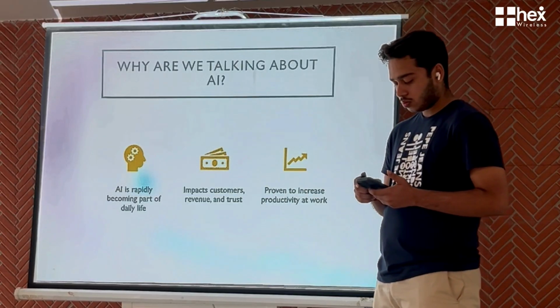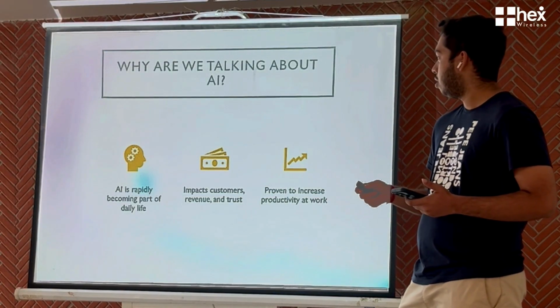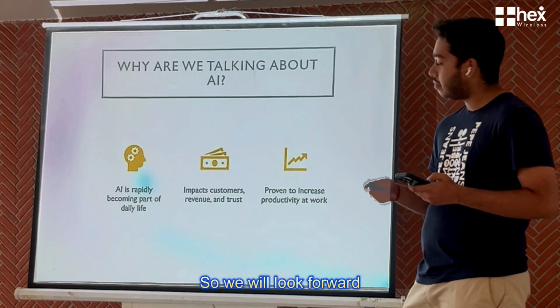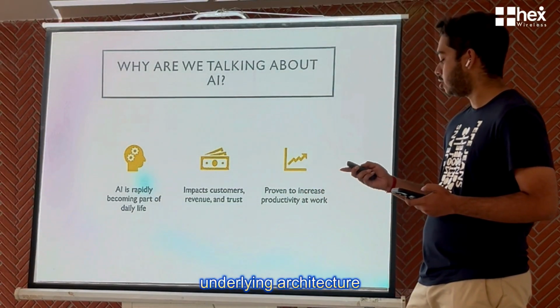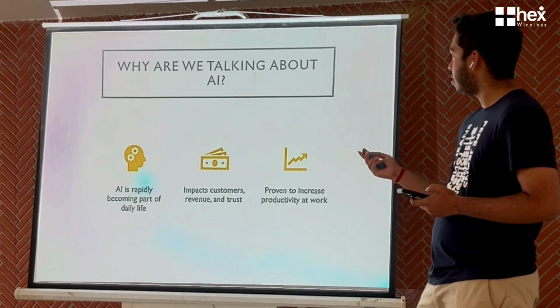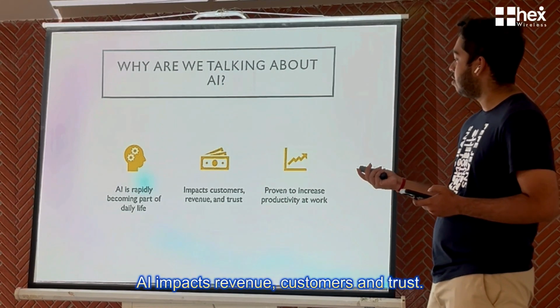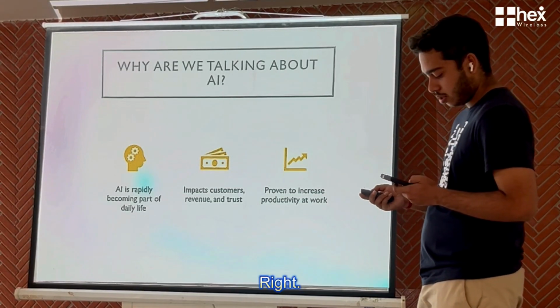So how does this text get processed? We will look at the underlying architecture later, and after that, AI impacts revenue, customers, and trust. It is proven to increase productivity at work, right?